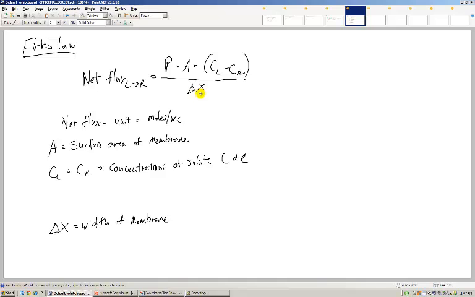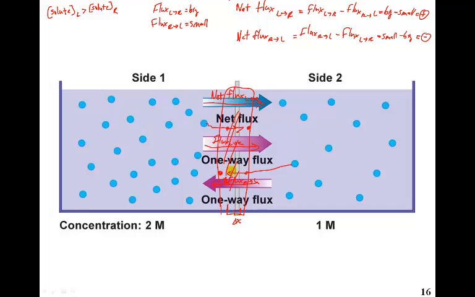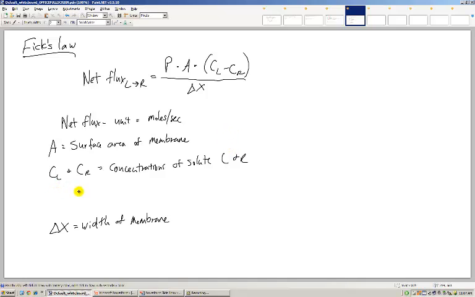Bigger delta X, smaller net flux. That's because the wider the membrane, the slower the flux through it. And then the last factor I'll put up here, one of the numerator guys, P, is the permeability of the membrane to the solute.